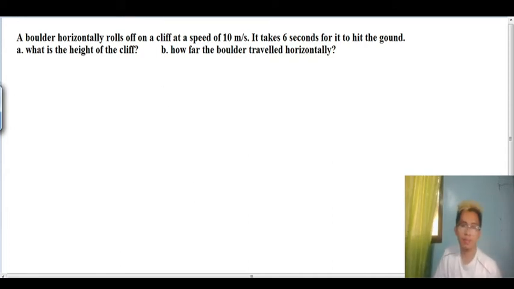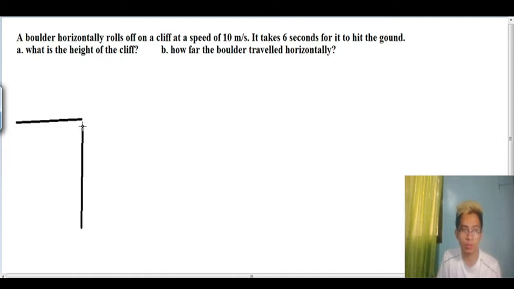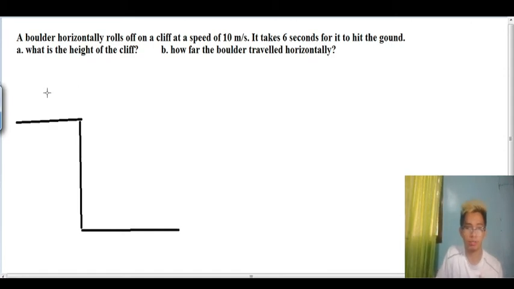As I mentioned earlier, when we are dealing with an object rolling at a certain height, it is the easiest one. Let me draw the problem first so you can understand it even better. This is a drawing of my cliff.